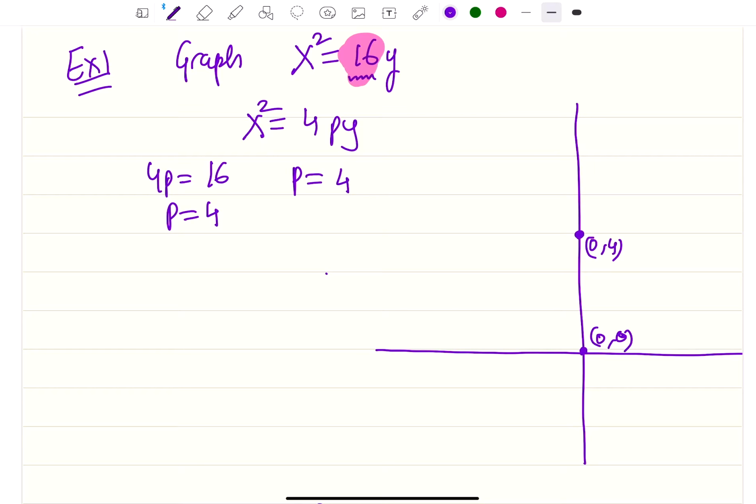At the level of the focus, graph is going to be 16 units wide. So that means it's going to go 8 units to the left, 8 units to the right. So it's going to be at negative 8, 4, and at positive 8, 4 here. And that's how my parabola is going to look.